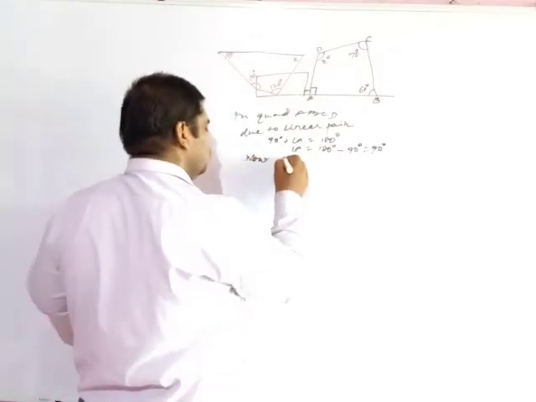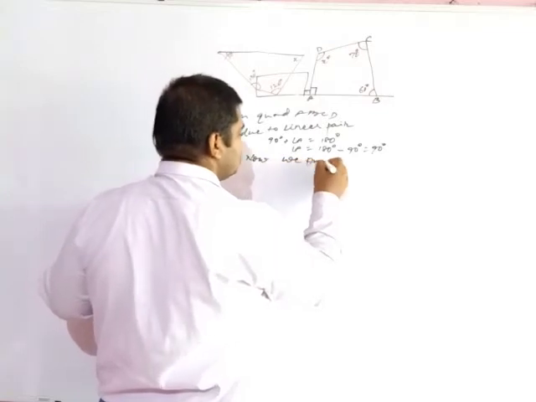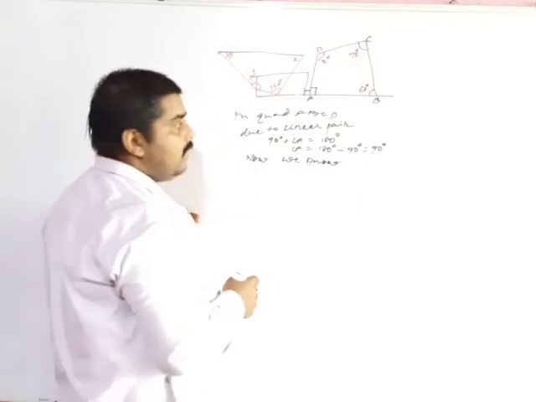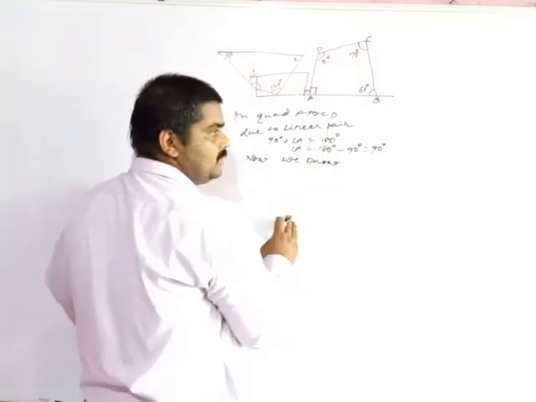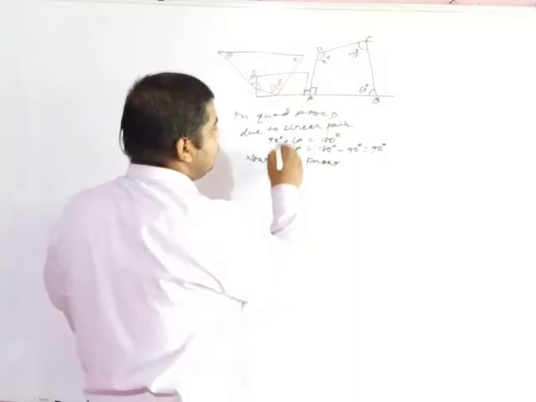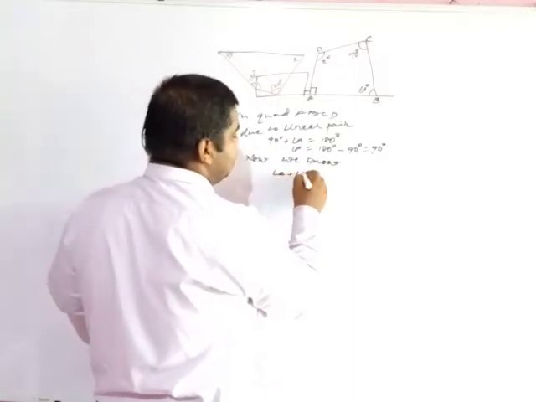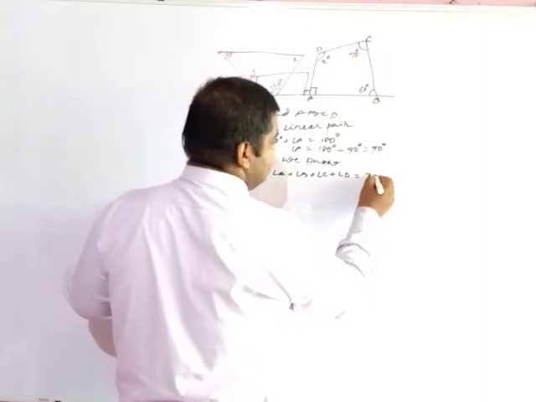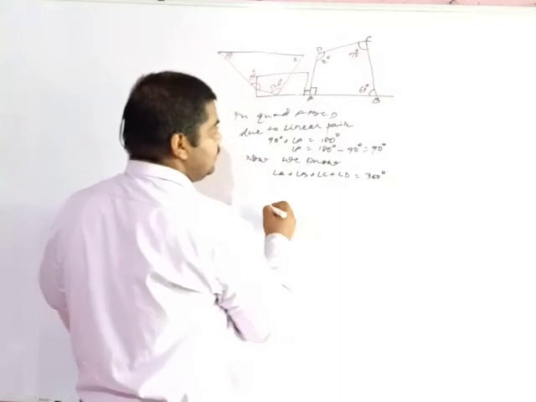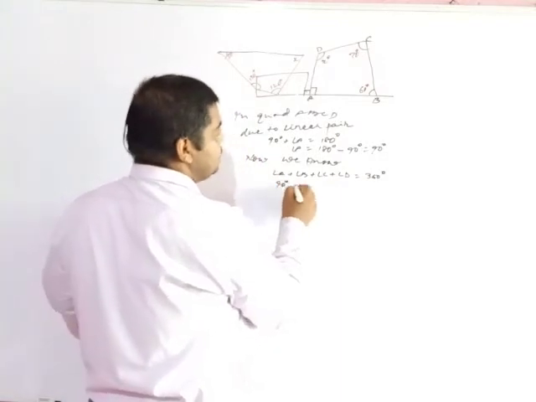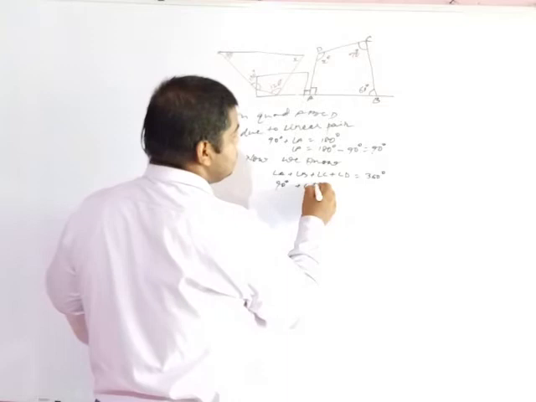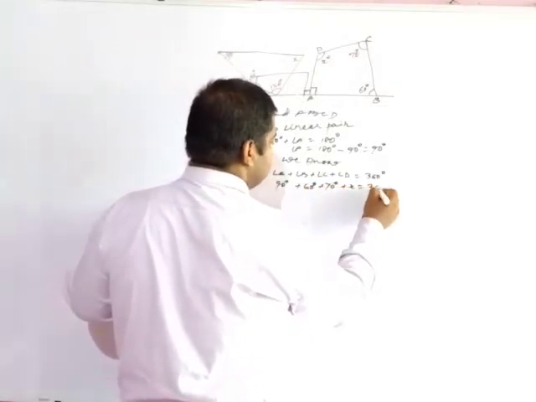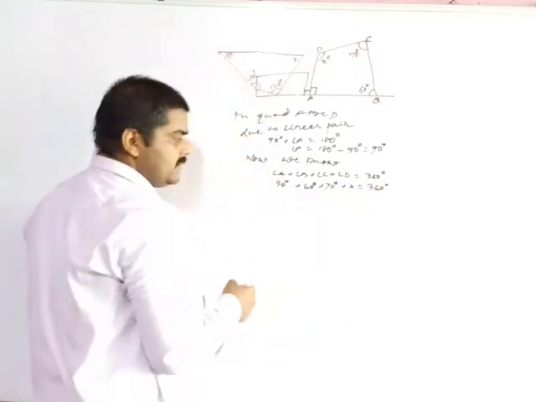And now we know the sum of all angles of a quadrilateral is equal to 360 degree, and this is why angle A plus angle B plus angle C plus angle D is equal to 360 degree, and this is 90 degree plus 60 degree plus 70 degree plus x is equal to 360 degree.